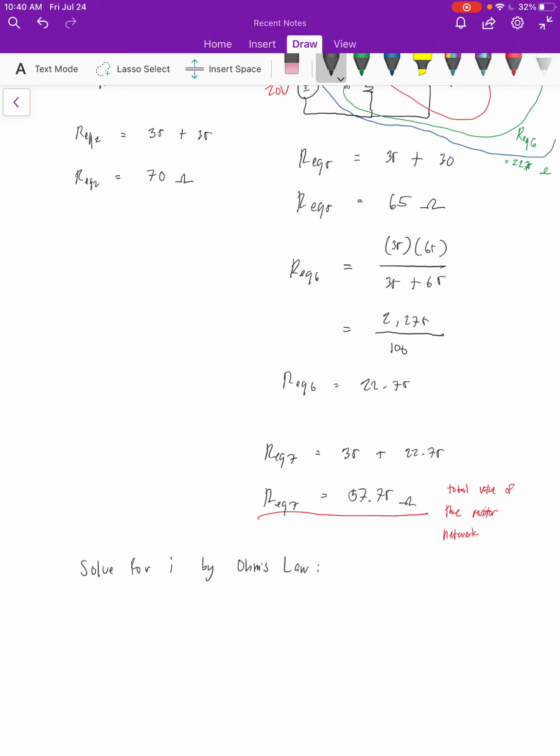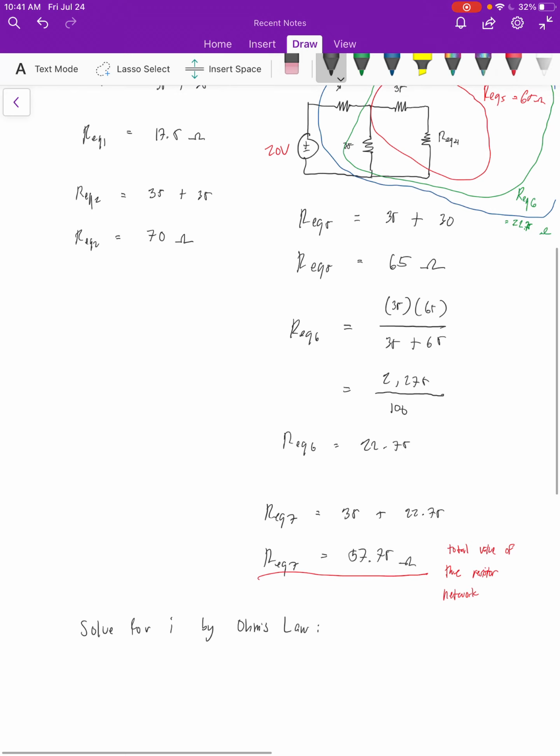Ohm's law is a very straightforward approach to calculating the missing element, which is in this instance the current I. So current I is equal to voltage V over resistance R, and our voltage is 20 volts divided by 57.75 ohms.